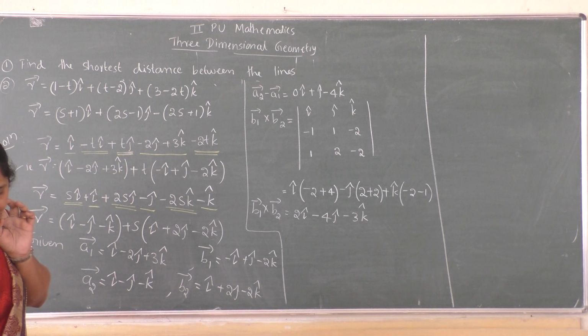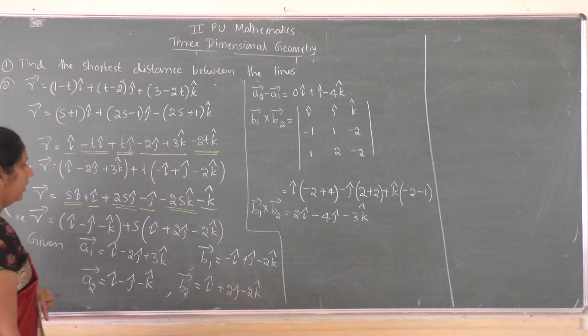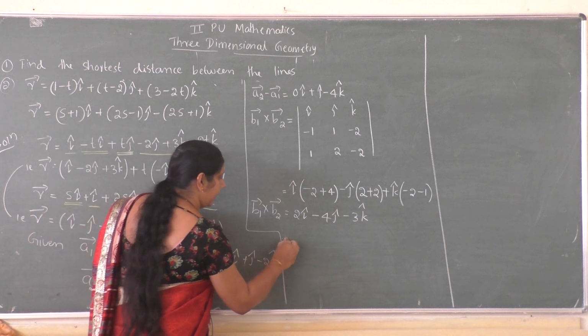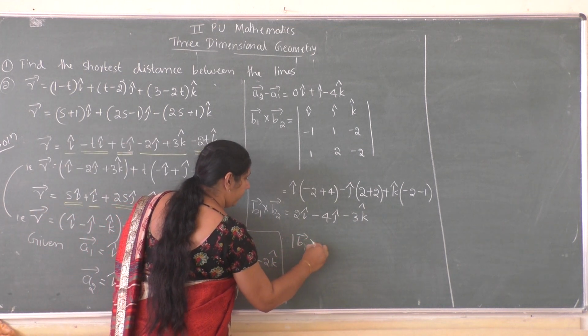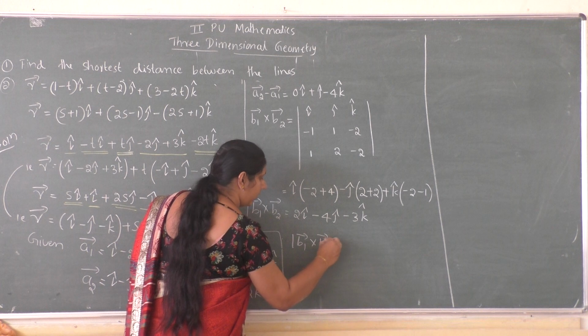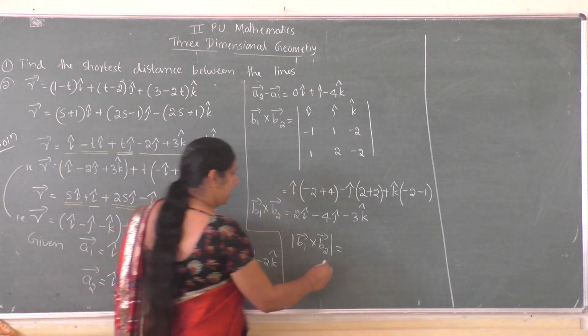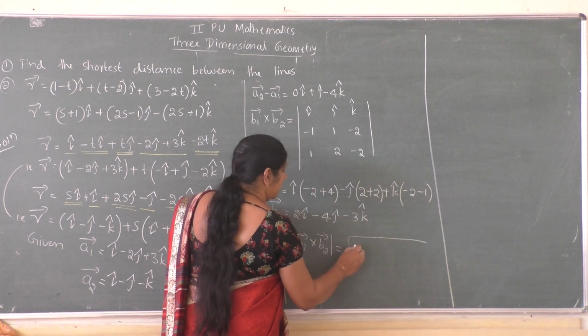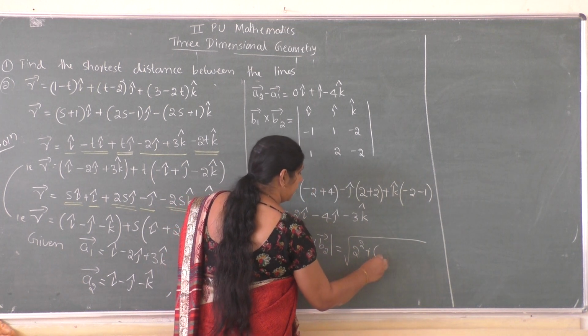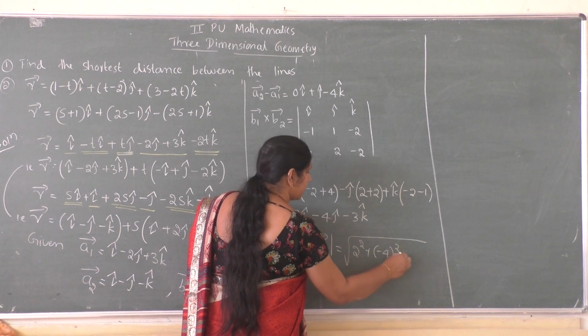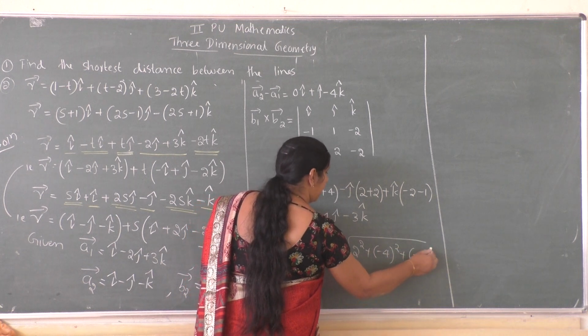Next, what we have to find? Next we have to find the magnitude of this. Therefore, magnitude of b1 vector cross b2 vector. So what is its magnitude? It is root of 2 square plus minus 4 square plus minus 3 square.